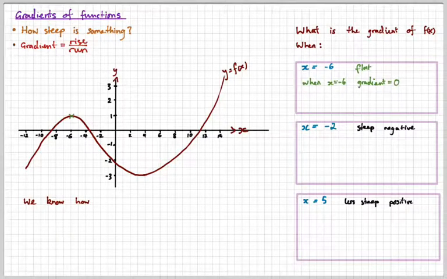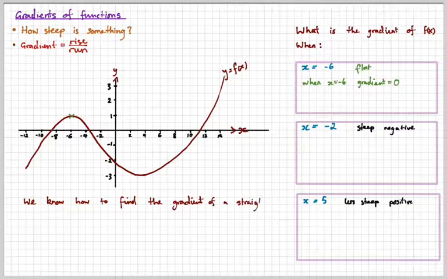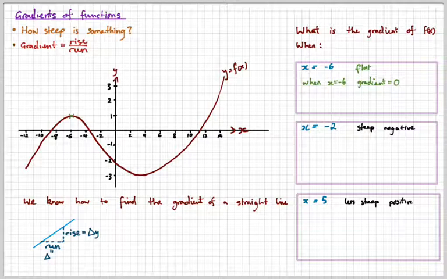So we don't actually know how to find a value for these gradients, but we do know how to find the gradient of a straight line. We just use rise over run, and we're going to employ that method to find the gradients of this curve. The rise is the change in y, so that little triangle means the change in. So for the gradient of a straight line, we can say the change in y divided by the run, which is the change in x.